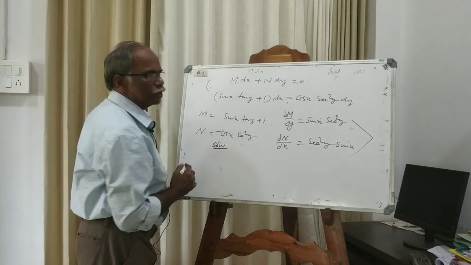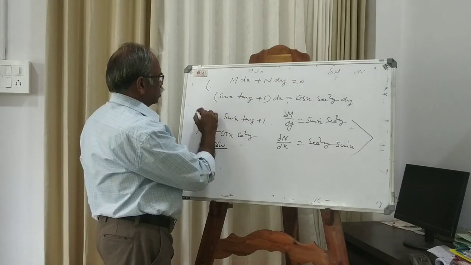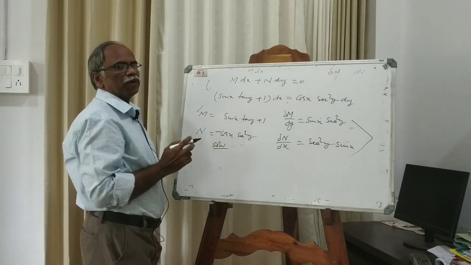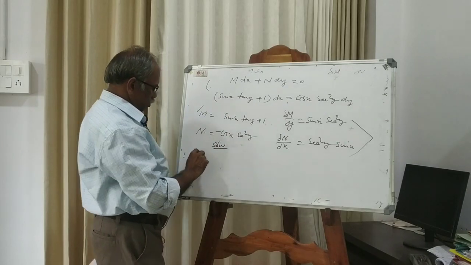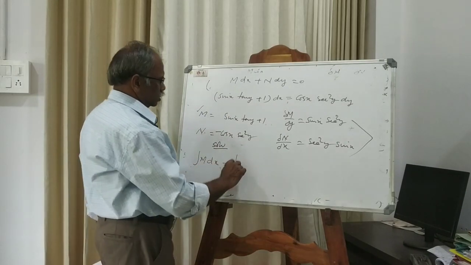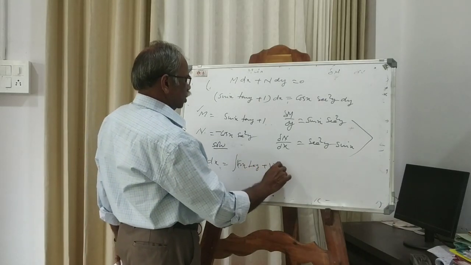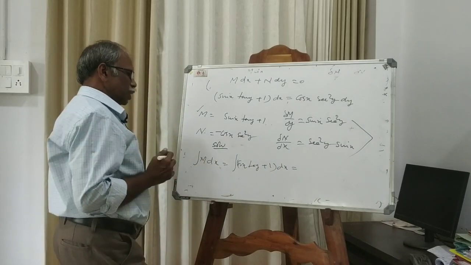How do we find the solution? We integrate M with respect to x, keeping y as a constant. So, sin x tan y plus 1 with respect to x, keeping y as a constant.